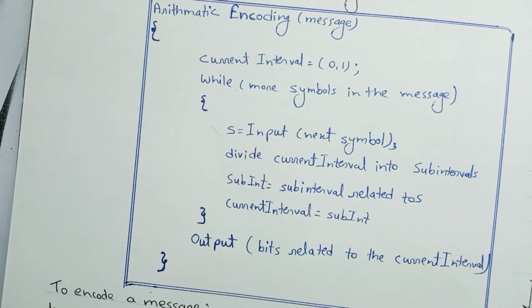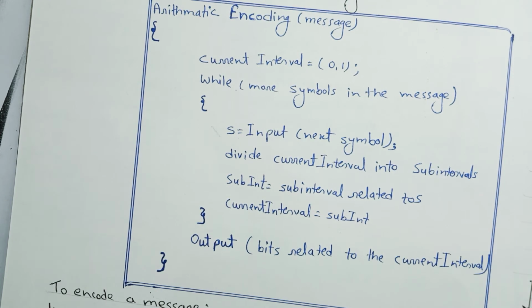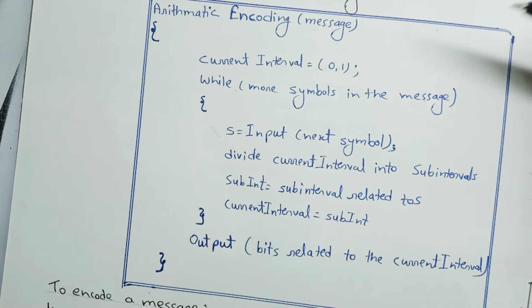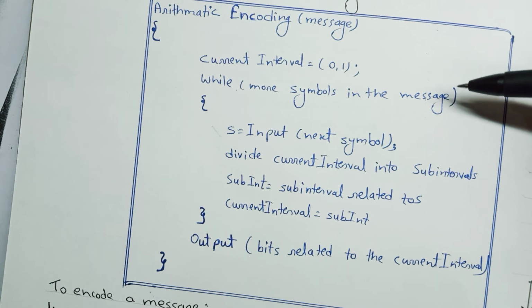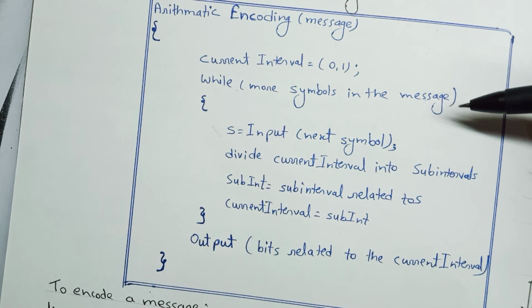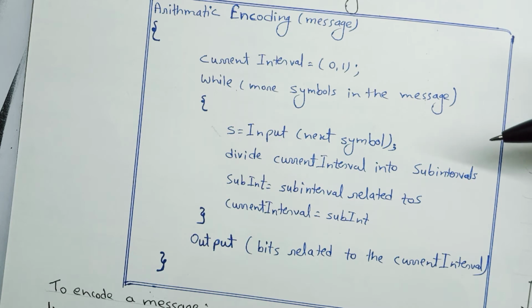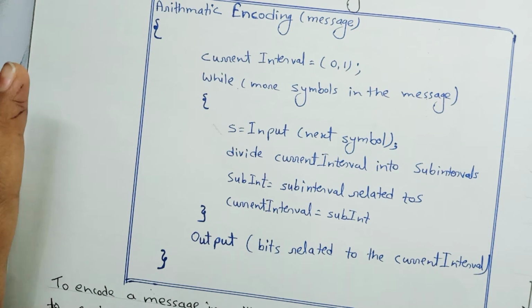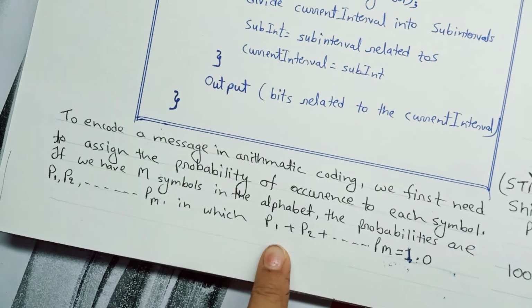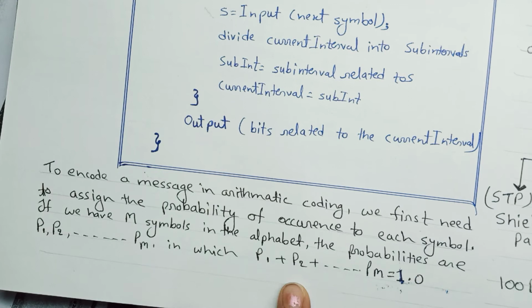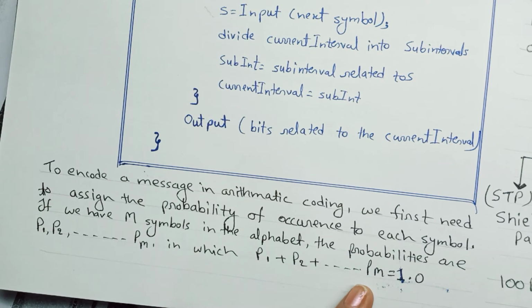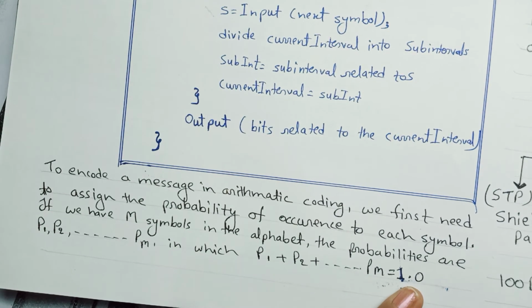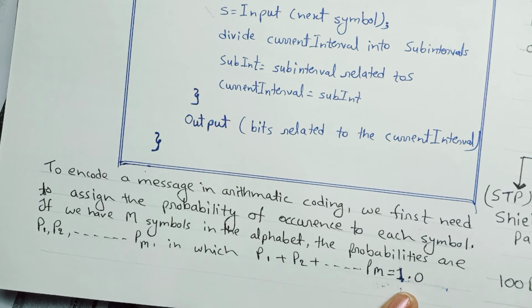As we all know, in probability the occurrences of all symbols add up to a final value of 1. After addition you can see that P1 plus P2 plus ... Pm is equal to 1.0.